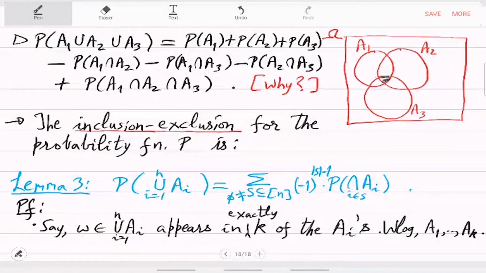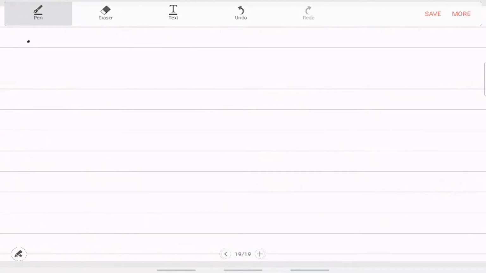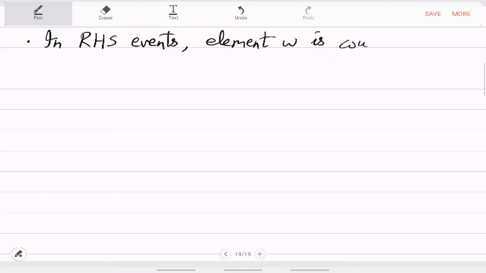And next, in the right hand side events, omega is counted exactly how many times? So, you have a sum over the subsets of 1 to n, but now beyond K it will not matter.